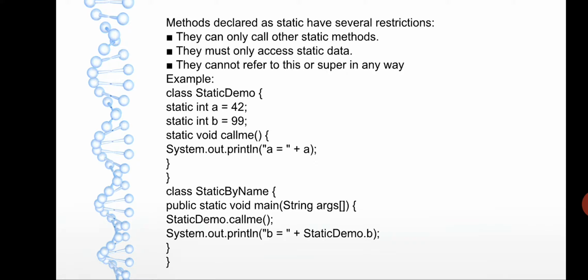Otherwise there is no meaning for a class. But when you have a static method, it is possible using the class name followed by the dot operator and the method or variable name. This is the speciality of the static method.